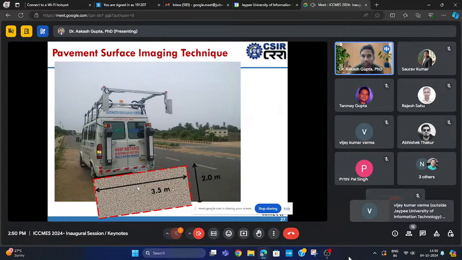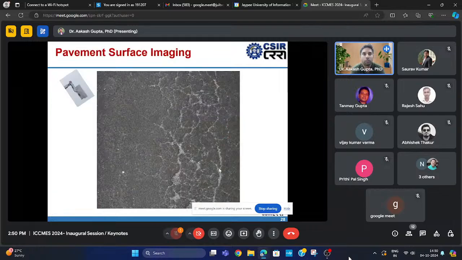So if 4 lanes are there, you have to run this vehicle 4 times. This is the frame or image which is captured by these 2 cameras. The image width will be 3.5 meters, and this length will be 2 meters.